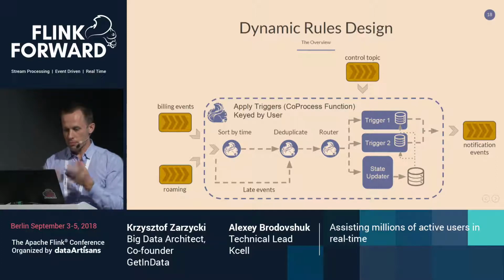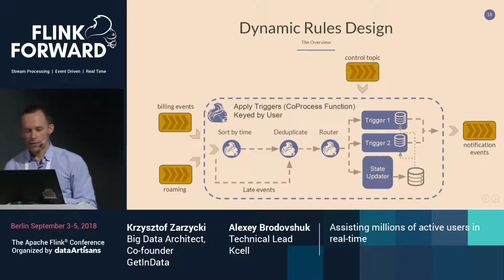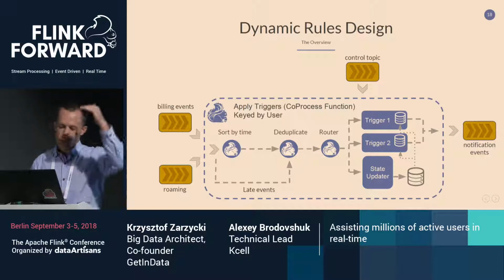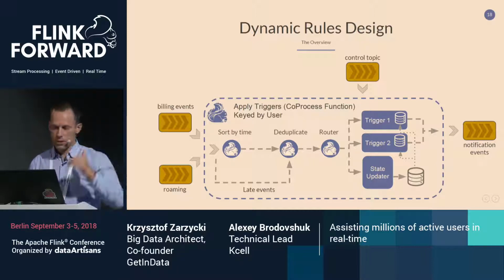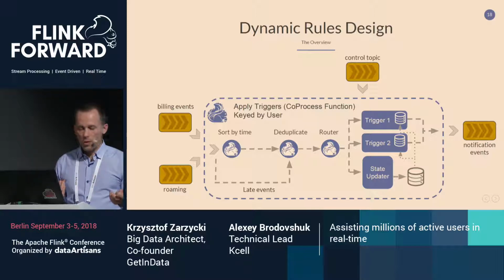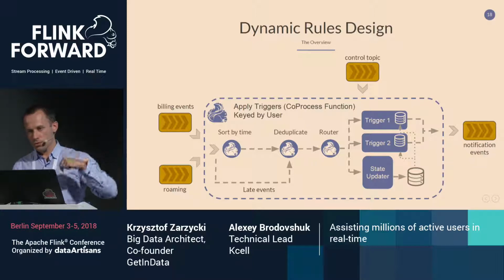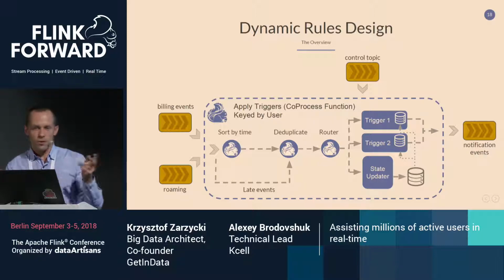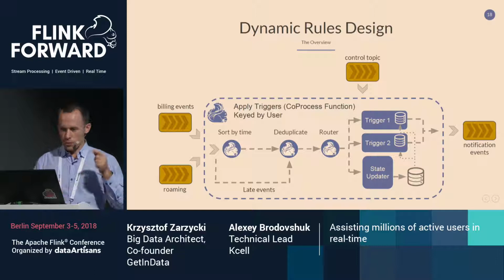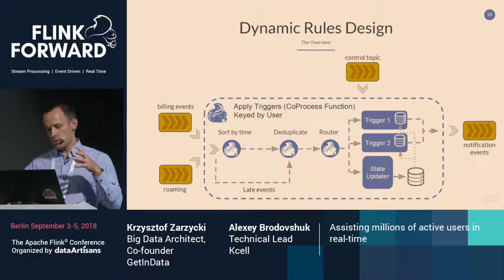And that all happens in a single operator in Flink, right? It's an implementation detail that these are separate classes or whatever. So we have multiples of those triggers. Let's say there are enabled triggers, right? Each of them can keep state, but plus there is also a different type of component, we call them state updaters. It's not a trigger, and it doesn't produce any notifications. But what it does, it creates state, right?